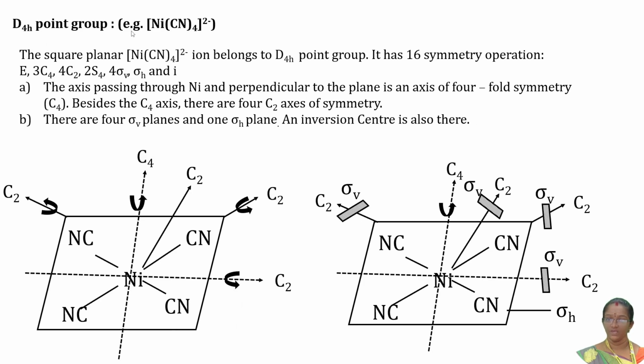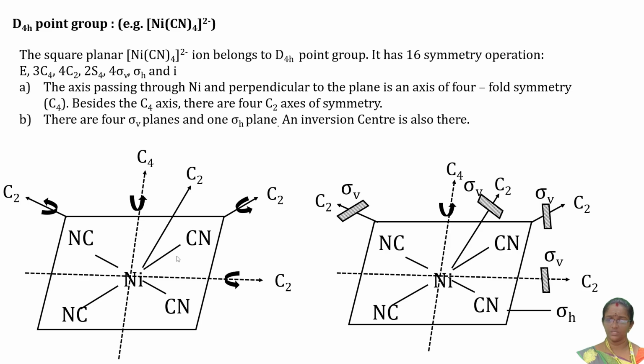D4h point group: nickel tetracyanide 2 minus, which has a square planar structure, belongs to the D4h point group. It has 16 symmetry operations. They are E, 3C4, 4C2, 2S4, 4 sigma v, 1 sigma h and i.